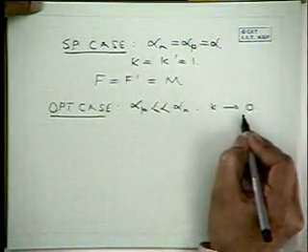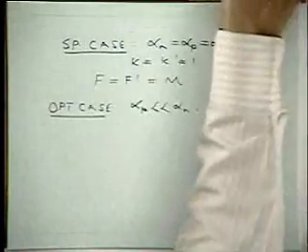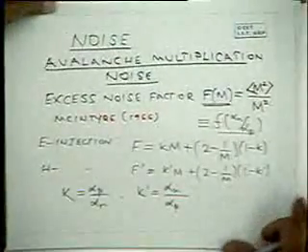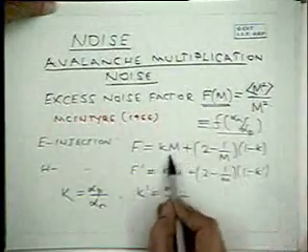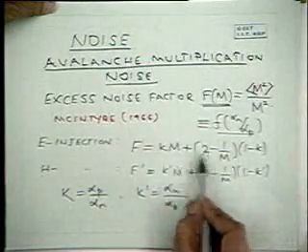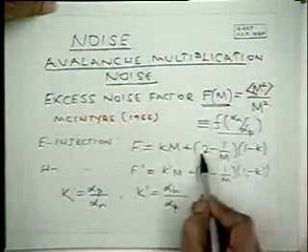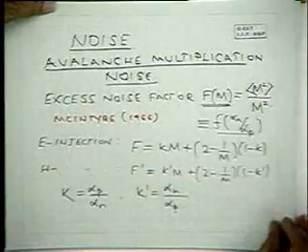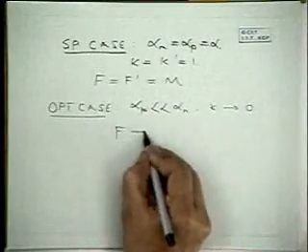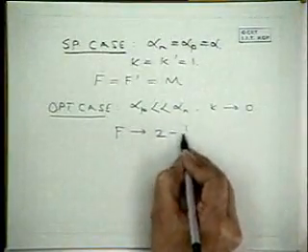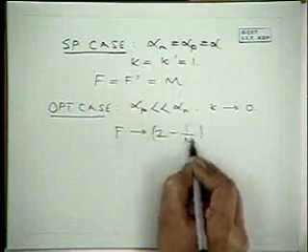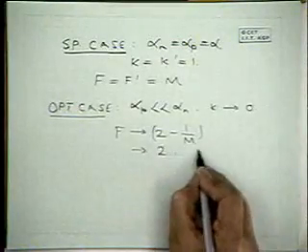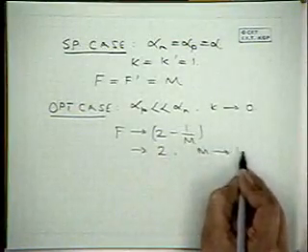If you look at this, with k tending to 0, this term goes, this is 1, so F tends to 2 minus 1 by m, and it tends to 2 if m is large.